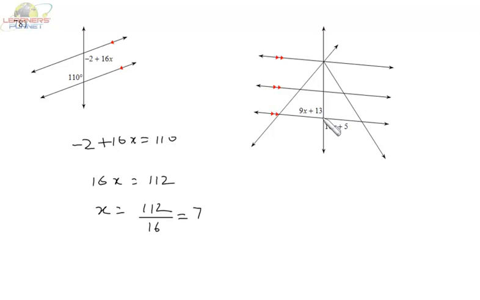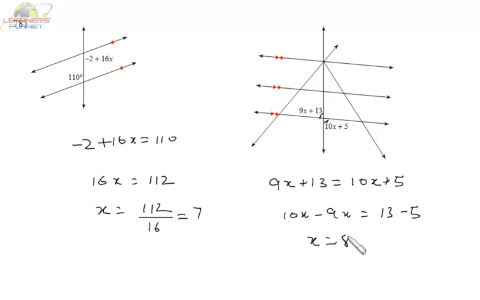In this case, this angle and this angle, both of them are vertically opposite angles. So they will be the same. So 9x plus 13 will be 10x plus 5. So 10x minus 9x is 13 minus 5. So x is equal to 8.